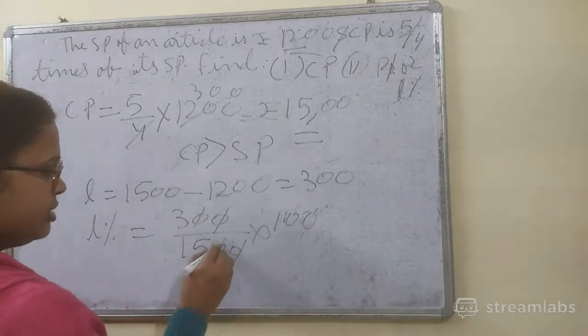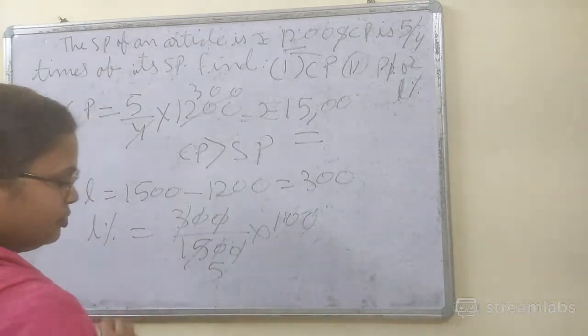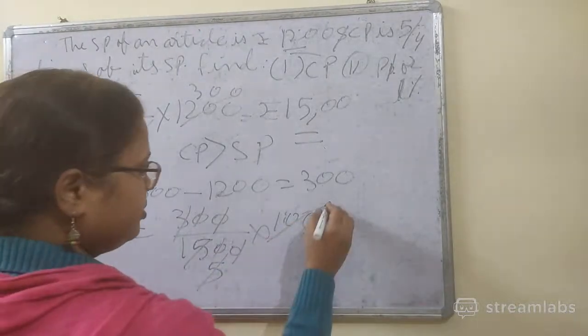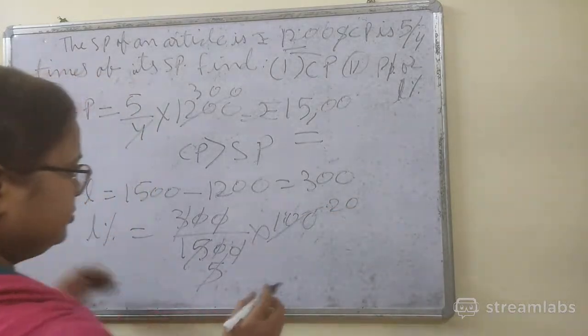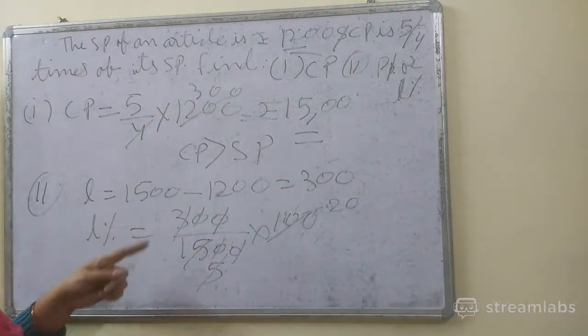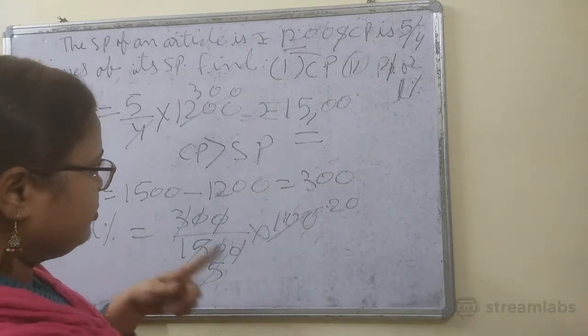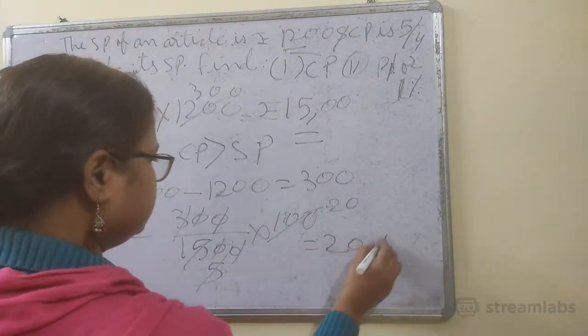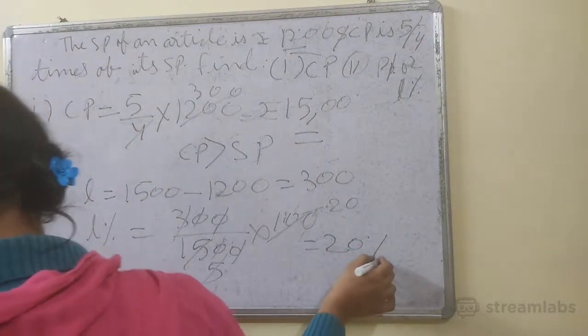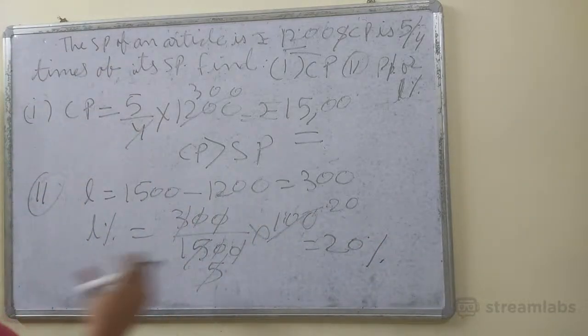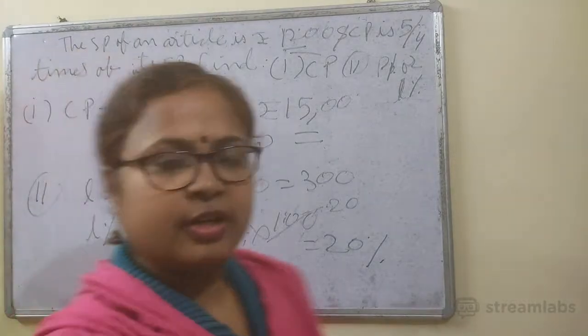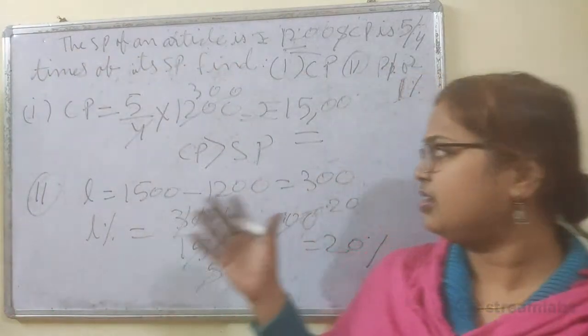This 0 you cancel. Then it becomes easy to do the division. And then 5, 3 5s are 15. And then 5 2s are 10. 20%. So loss percent is 20%.